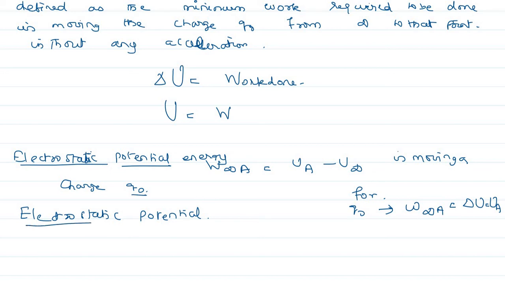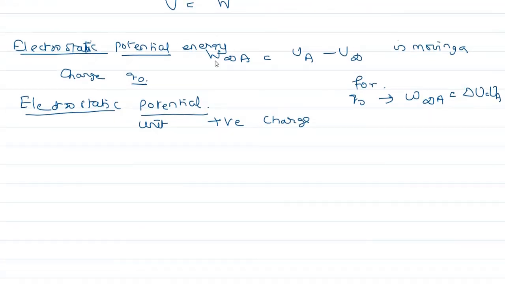But what is electrostatic potential? When you talk about it with respect to unit positive charge, potential is a very specific term about unit positive charge. It is not dependent on charge. It is with respect to how much amount of work. This is the total work done in bringing Q naught charge from infinity to that point.